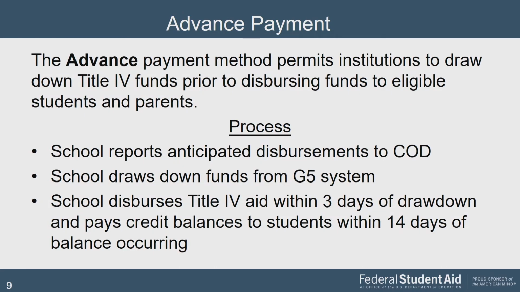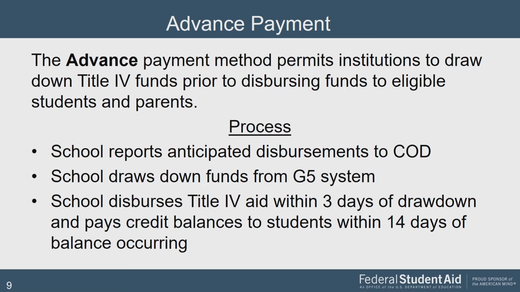Let's talk a little bit about the different types of payment methods, because this determines your time frame for when you work with the COD and the G5 system. Many of you, if you were around from when your school first opened up, were placed on the advanced payment method, which means basically that you have free range to draw down from G5 at any time you want to.